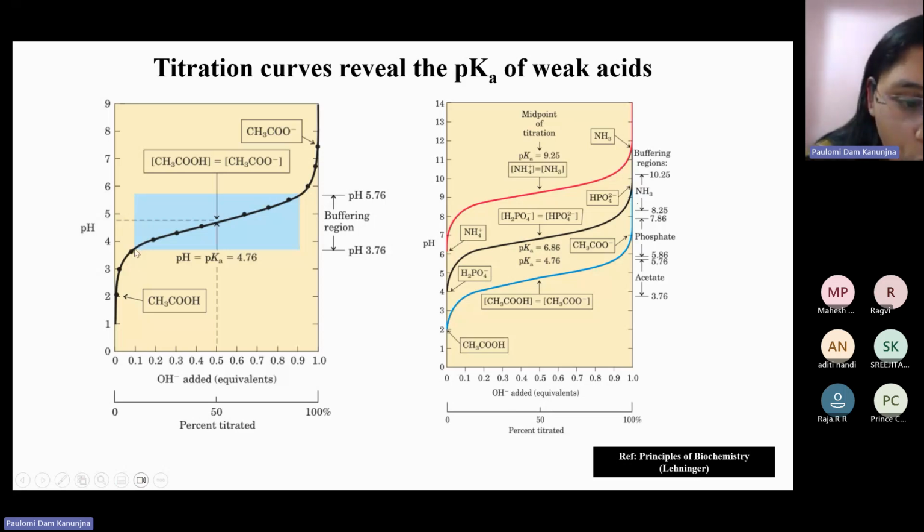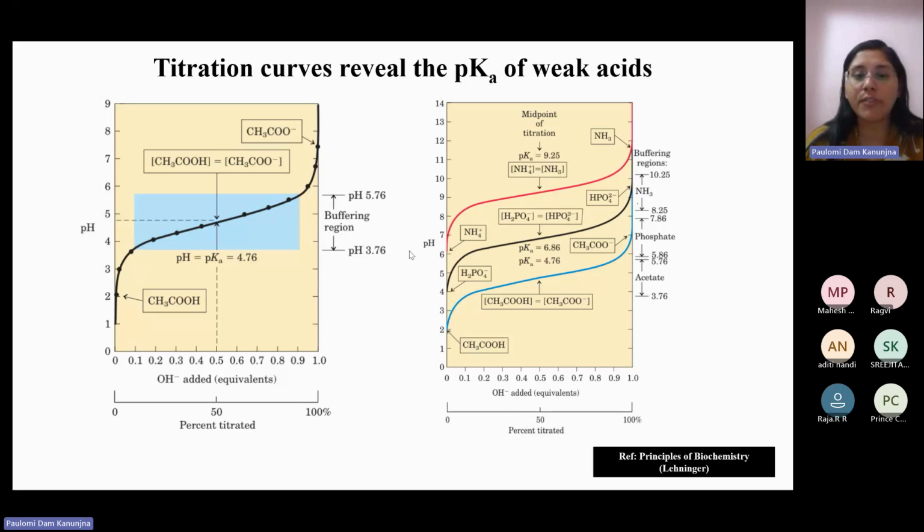If I add more H+, suddenly there is a drop. So this sudden jump is where you have sudden changes in pH. This zone in between is where the pH can still be in a manageable condition. It does not show a very drastic effect. That range is in and around the pKa. So the pKa value is 4.76, with 5.76 and 3.76 on either side. So what do you see? It's +1 and -1. That's the buffering zone of acetic acid.